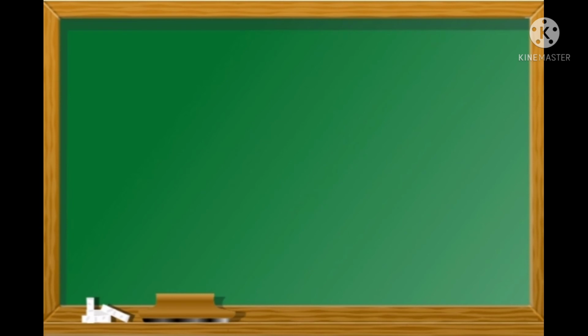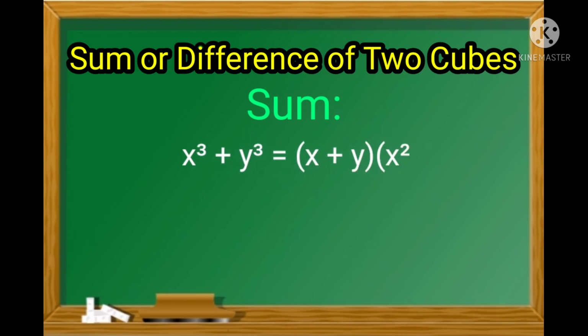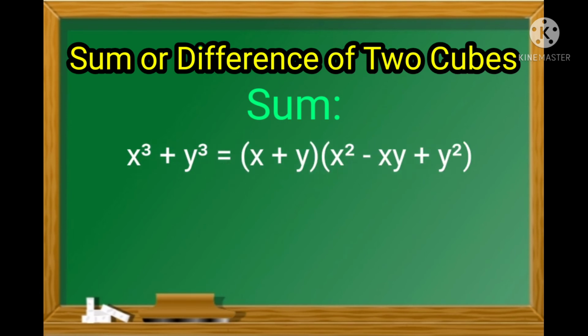This time, we will continue on the next factoring technique, which is sum or difference of two cubes. These are the formulas for the sum or difference of two cubes. For sum of two cubes, x cubed plus y cubed is equal to the quantity (x + y) times (x squared minus xy plus y squared).